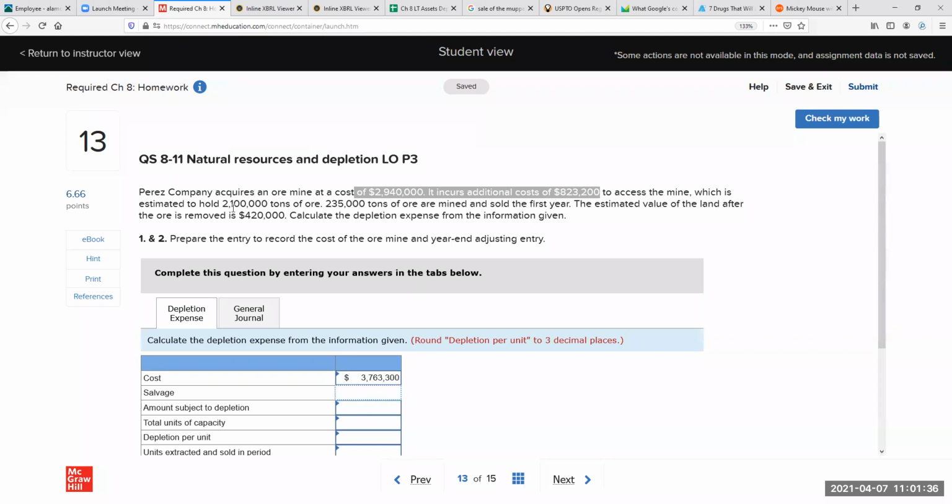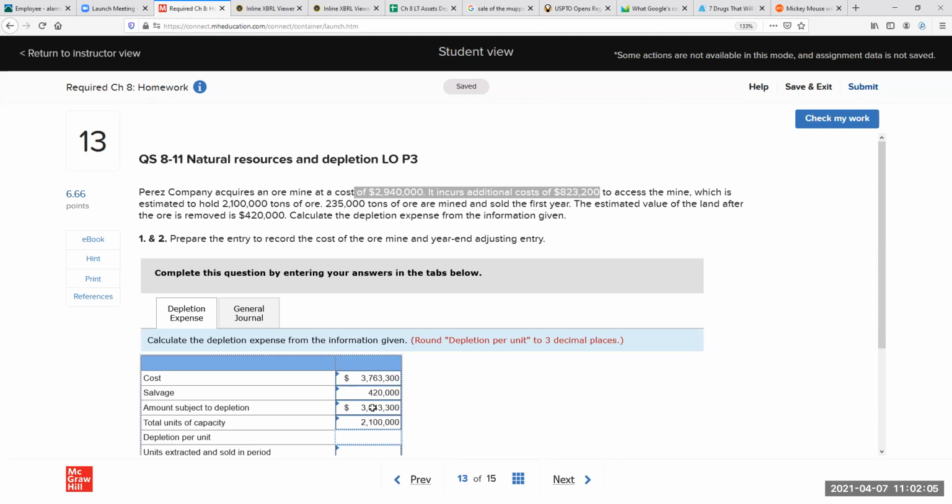Now, what's the salvage? It holds 2 million tons of ore, 200 mined and sold the first year. After the ore is removed, they think they can get 420,000 for the land. Amount subject to depletion. So you subtract that. Now, what's the capacity? The capacity is 2,000,001.